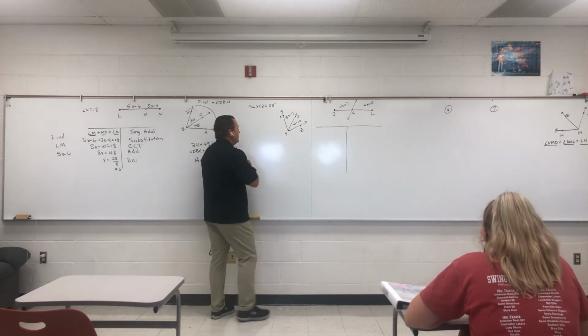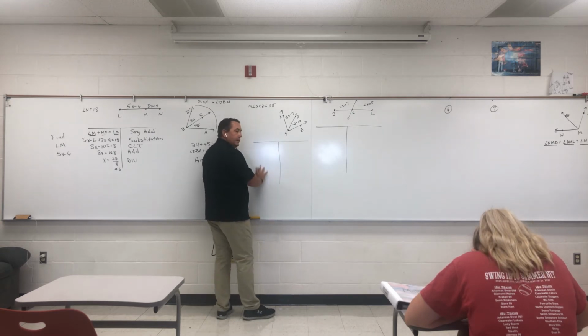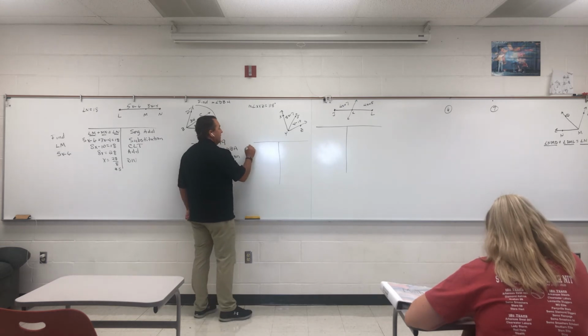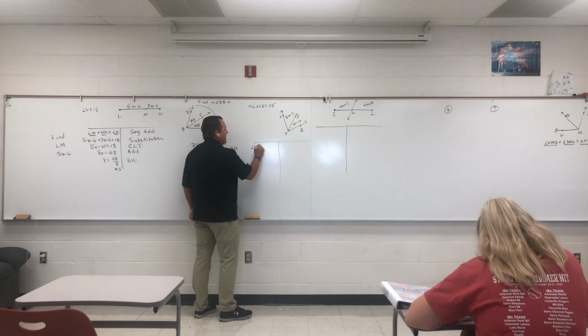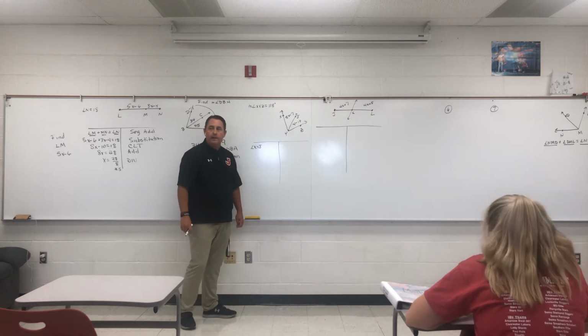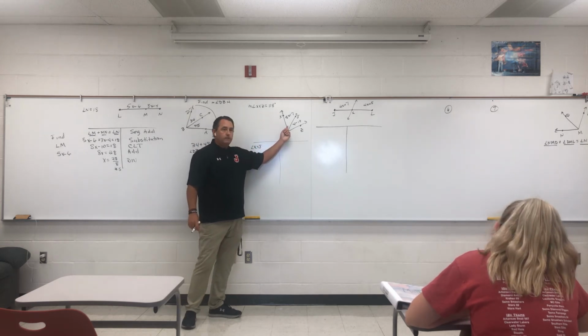So when we start this, okay, we're going to have these statements and reasons, right? The first thing we're going to put is the measure of angle XYJ. So let's make sure we see what we're doing there. XYJ is that part, isn't it?